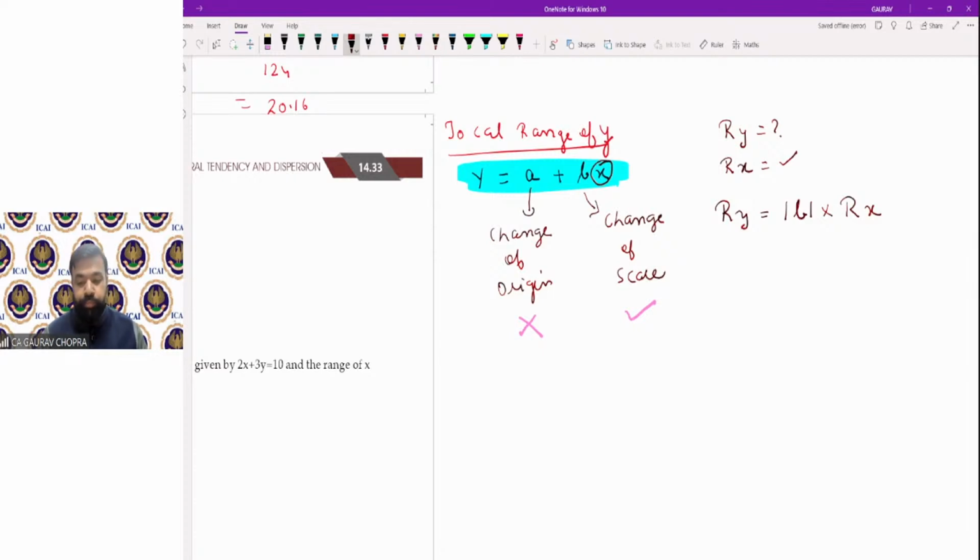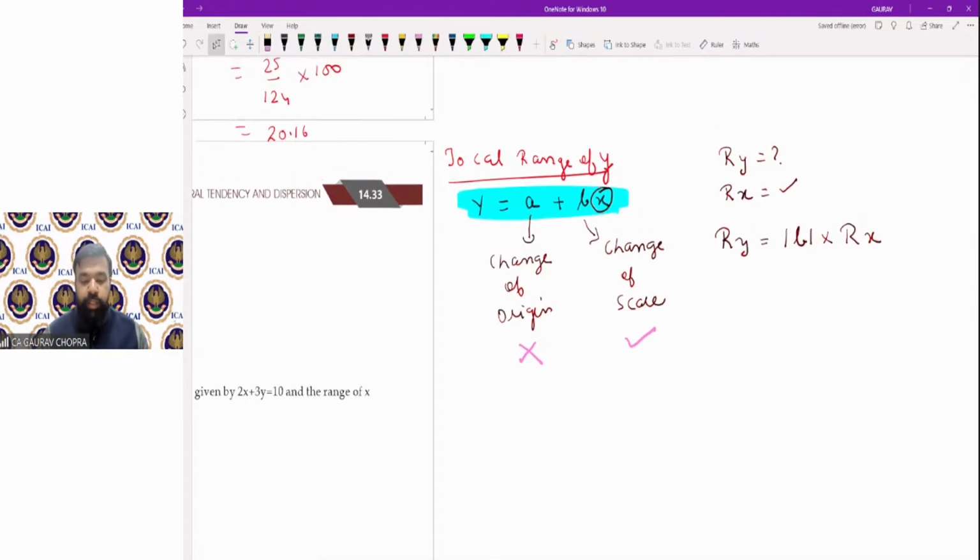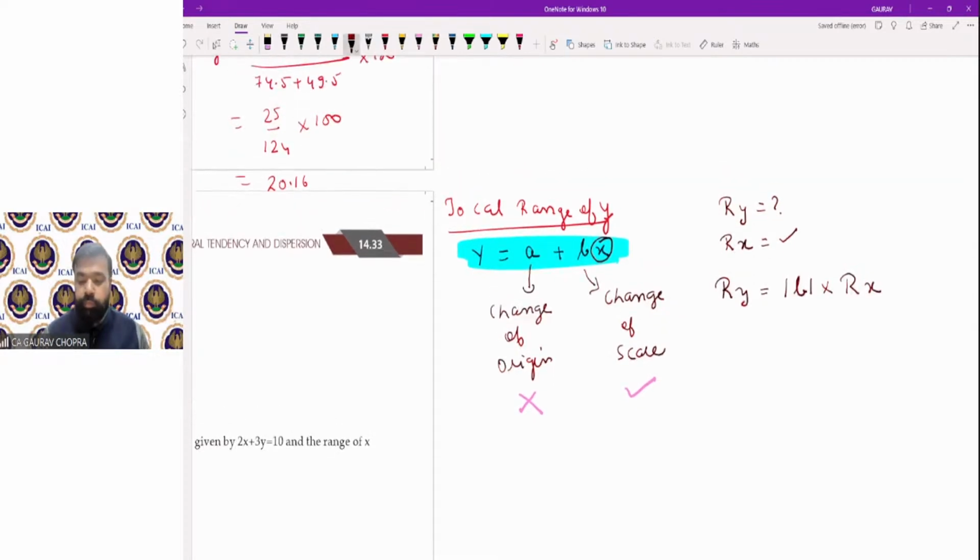So if I write one equation, y is equal to 10 plus 2x. Range of x is 5. Find out the range of y. So first, this 10 has no use. The 2 is being multiplied, so you have to use mod of 2 multiply by range of x. So 2 multiply by 5 gives 10.